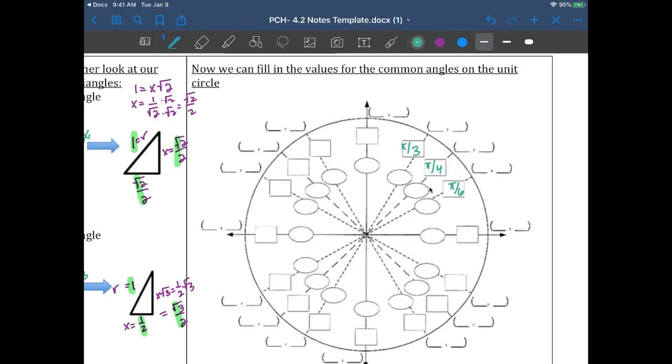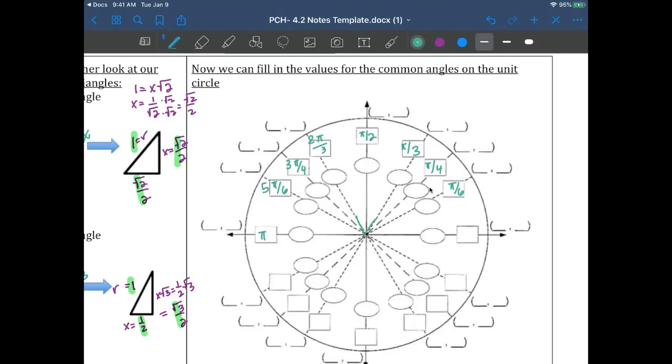This one is pi over 2, and now we're moving into the second quadrant, so we're going to go pi over 3, pi over 4, pi over 6, and then pi. So we're only on 2 wedges of the 3. We've only gone 3 of the 4 and 5 of the 6. We talked about this in class.